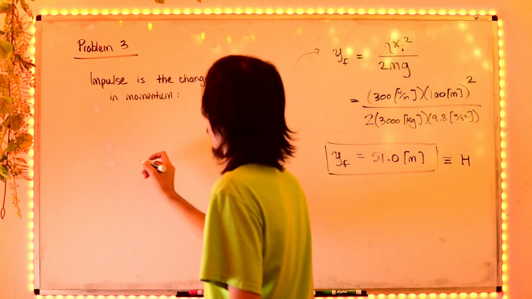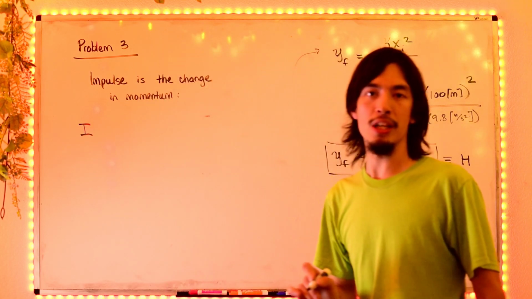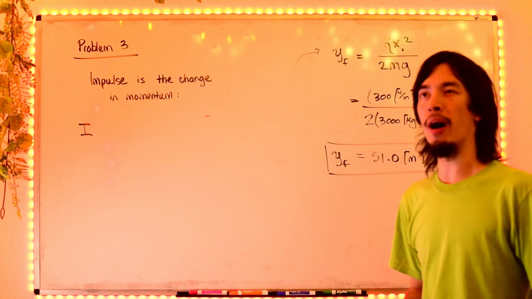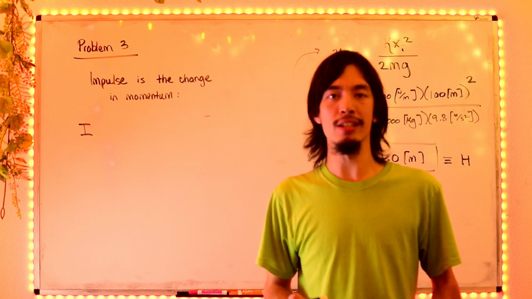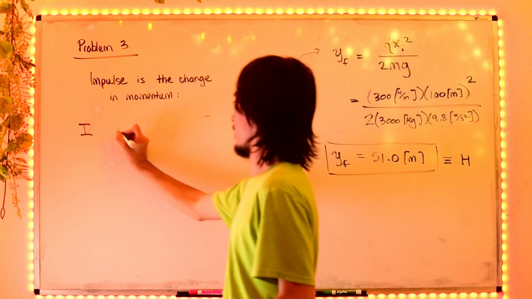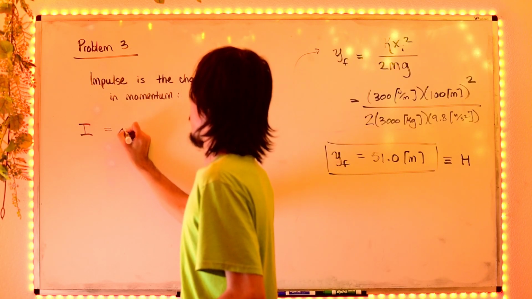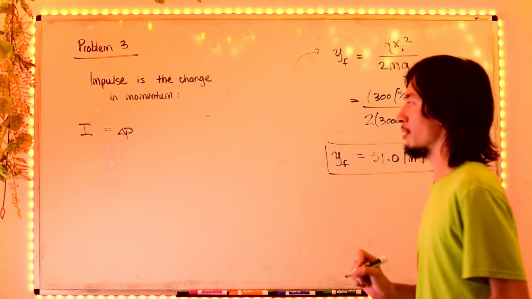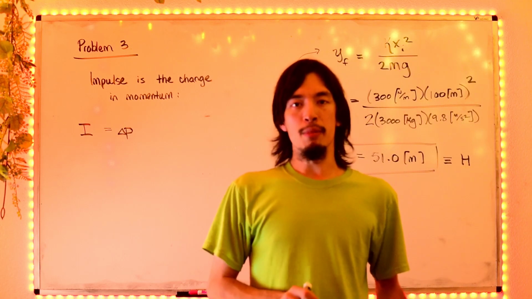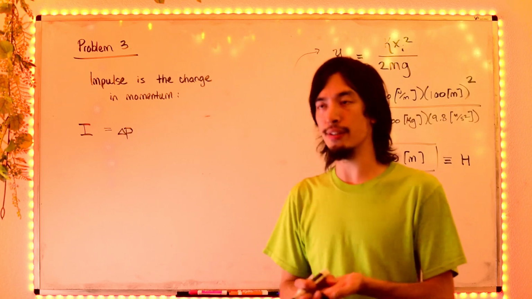Okay. So if we call the impulse I, which typically is I, on the occasion you'll find someplace using J for impulse. Nonetheless, whatever you want to call it, it's just equal to the change in momentum. So delta P. P is the momentum, and the momentum is defined as mass times velocity.